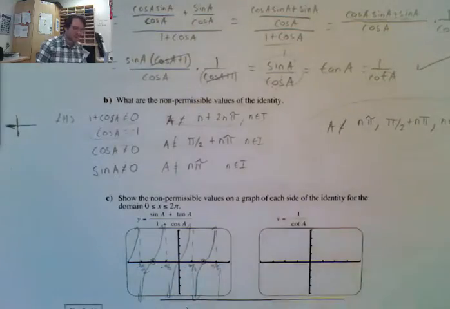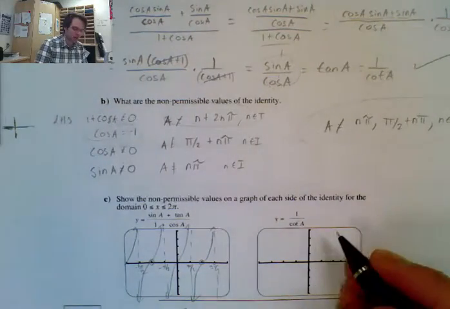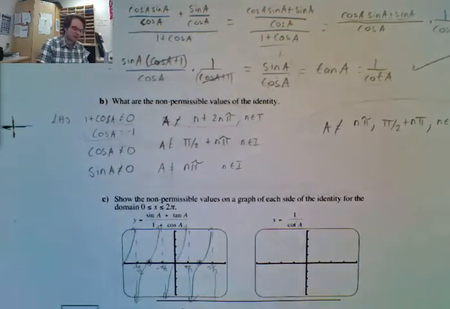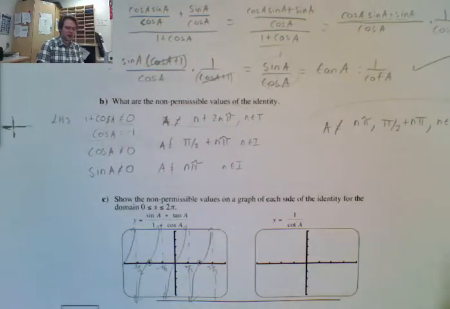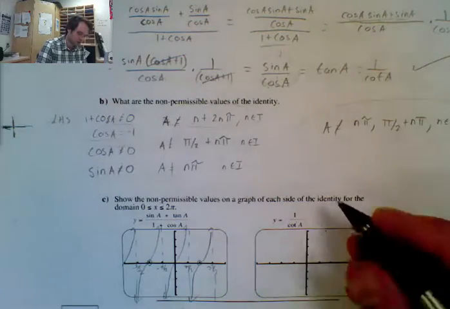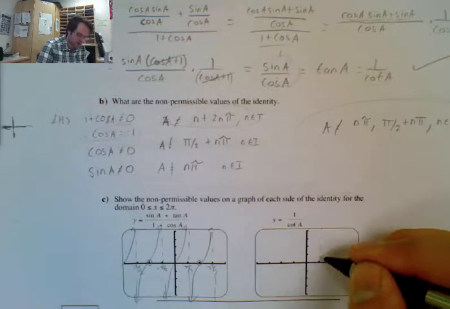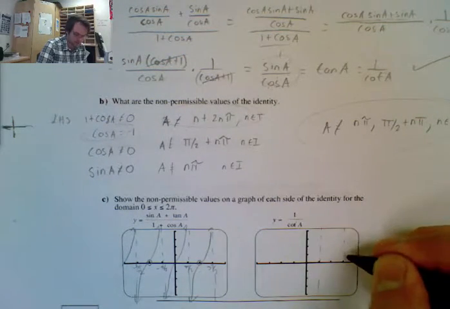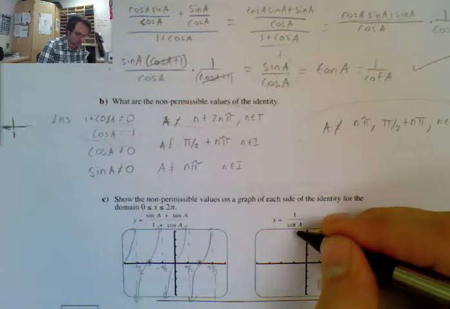Okay. Now, if I look at the cotangent one, we have the same thing, because 1 over cotangent, we have all of my signs here, so again my asymptotes are at the same points.